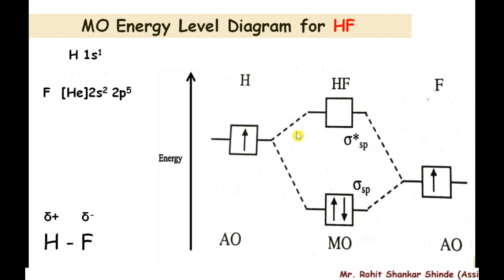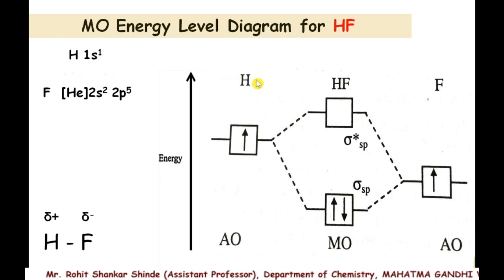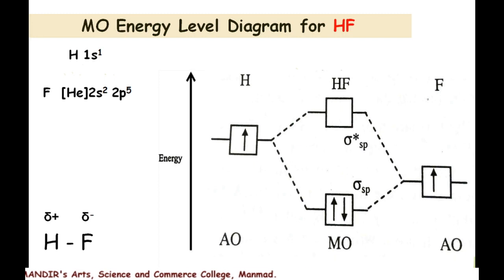While writing the electronic configuration of HF molecule, for hydrogen atom, there are no electrons to be written as a K shell. However, for fluorine atom, for 1s2 electron, we write K, and we neglect 2s2, 2px2 and 2pz2 electrons of fluorine atom.